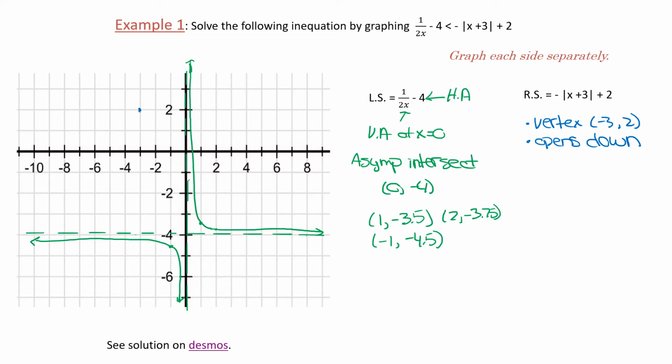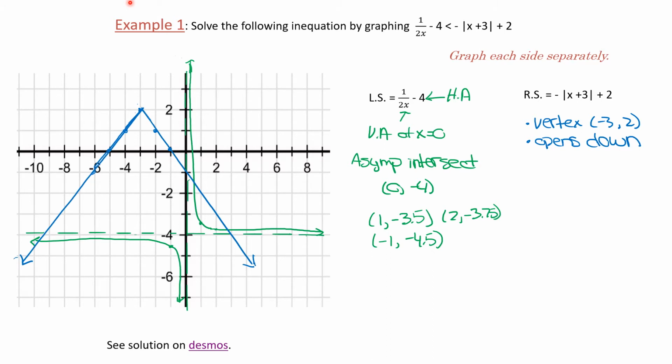And since there's no stretches or compressions vertically or horizontally, I'm just going to go over 1 and down 1. And there's a point there. And again, over 1 and down 1 again. And so I can do that a few times on both sides. And I'm just going to have linear pieces. I'm going to get my ruler now and I'm going to draw lines and make an upside down V here.